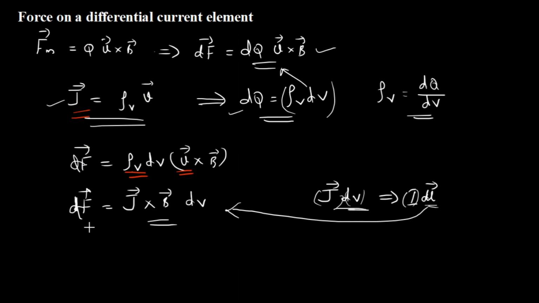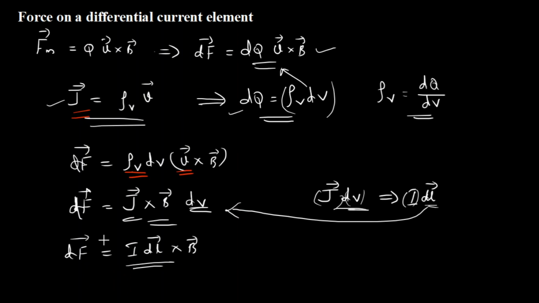So just substitute back so that I can write my differential force as I dL cross B. Now I is not a vector but dL is a vector, so I should write this as I dL cross B. So this is my differential force.